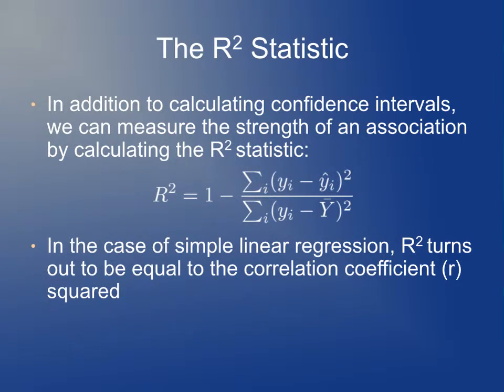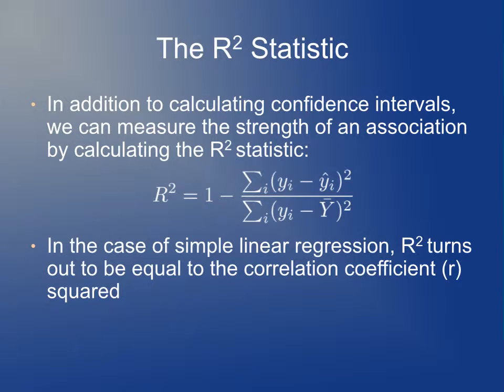Another variable or statistic of interest when considering regression models is a statistic called R-squared, which measures the association between x and y. It's formally defined by this expression here. The motivation behind this is the numerator of that fraction you can think of as the explained error.